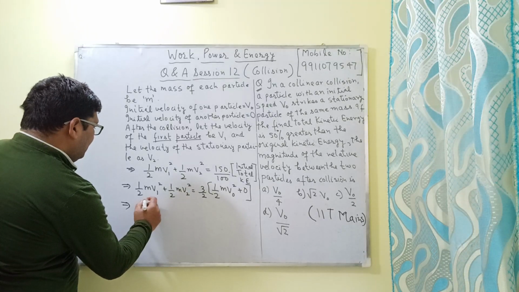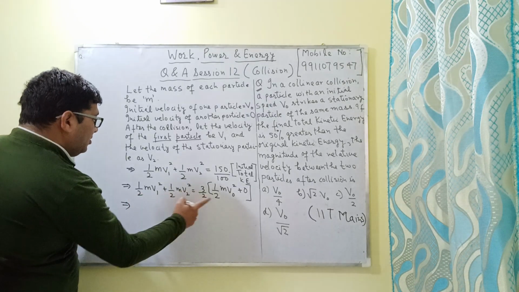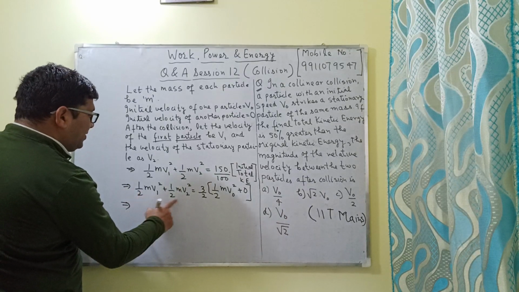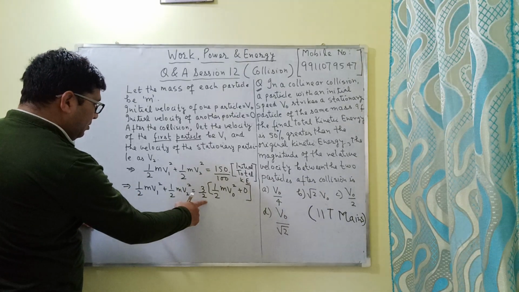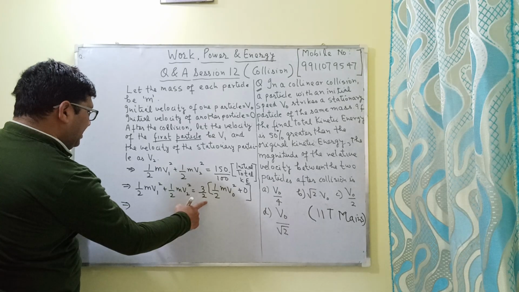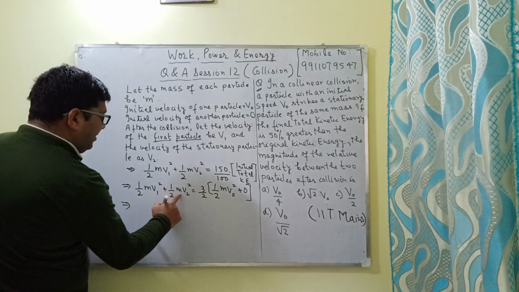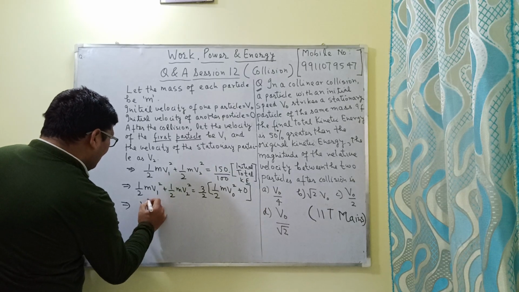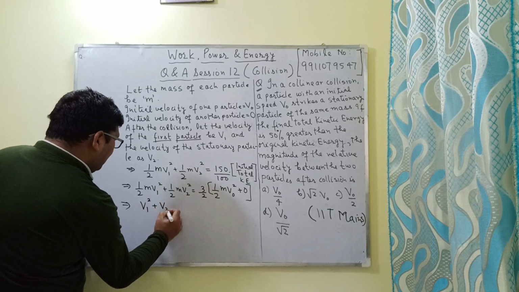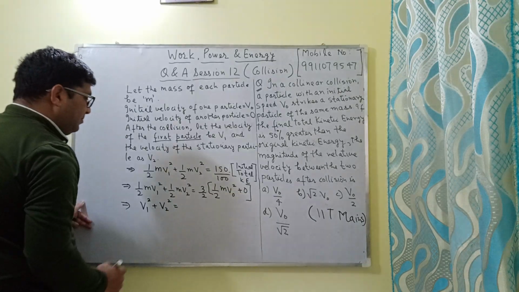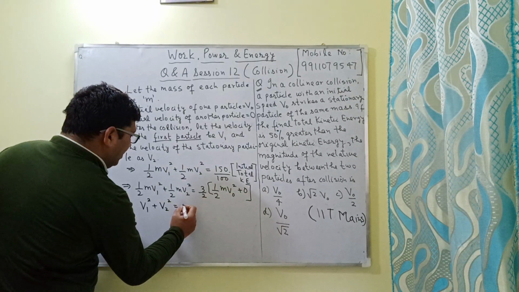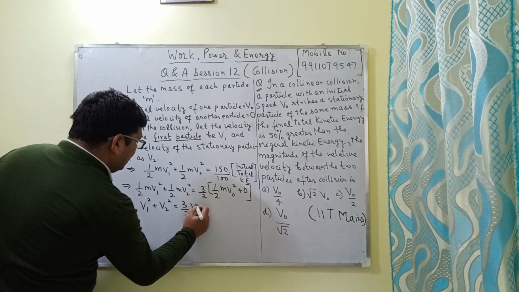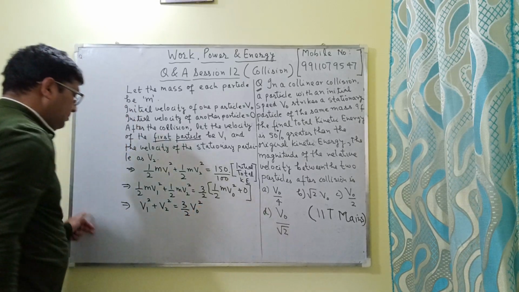So from this statement, I can simply write that the 1 by 2, 1 by 2 and 1 by 2 will get cancelled out, and m and m will also get cancelled out. So what I will be getting is v1 square plus v2 square will be equal to 3 by 2 v naught square.